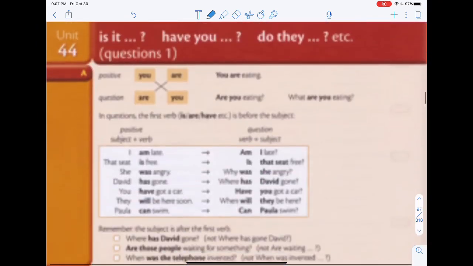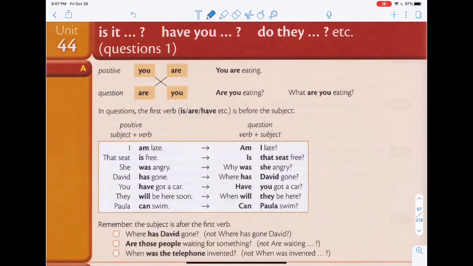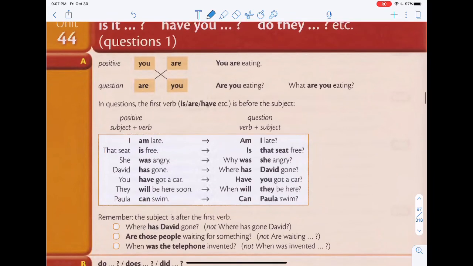Now, moving on to 44, we'll have questions. Is it? Have you? Do they? Etc. Let's look at part A. So for a positive sentence, we'll say something like you are something, right? So you are eating. But if you want to make that a question, you are going to change the place.